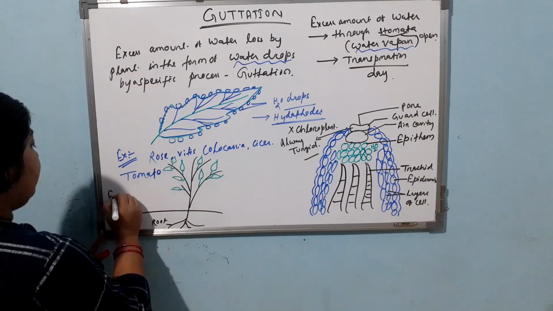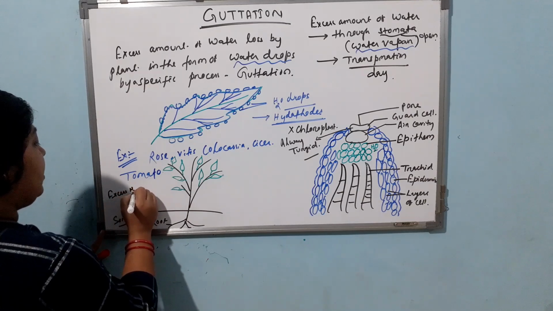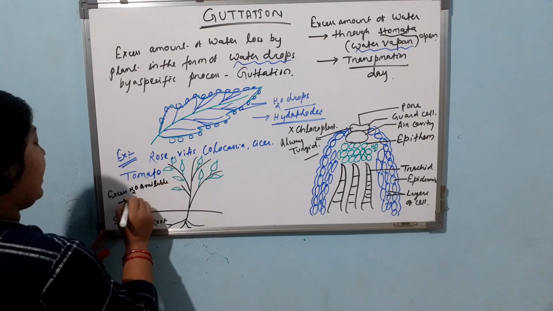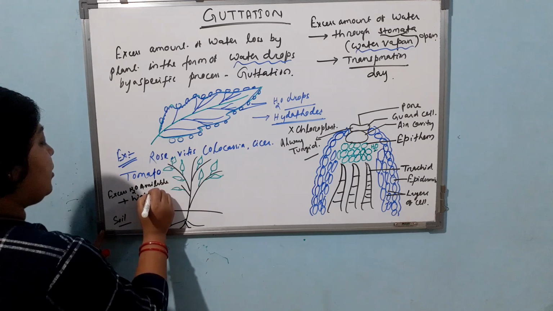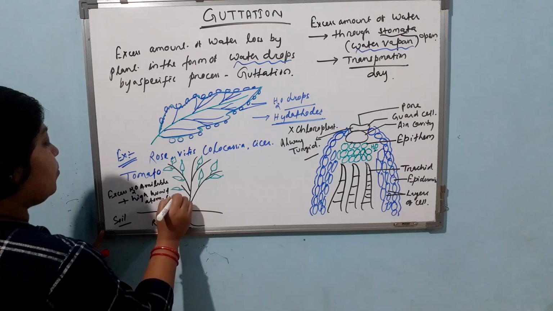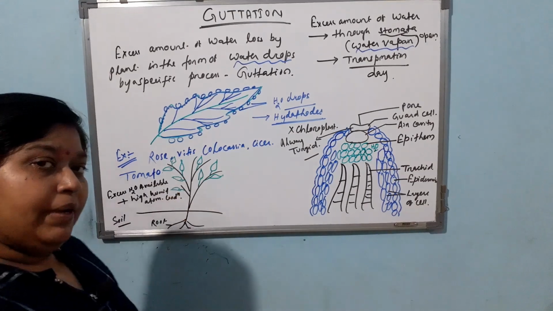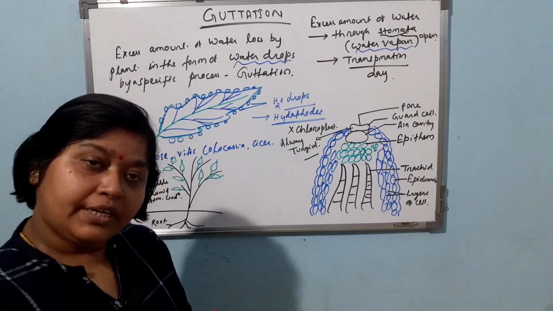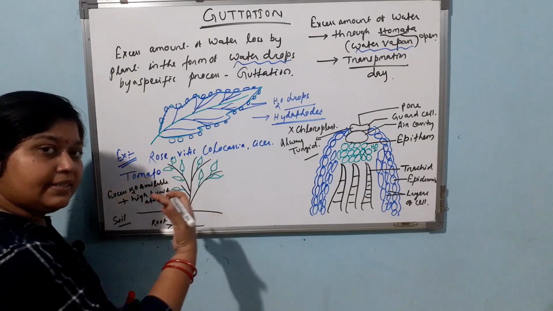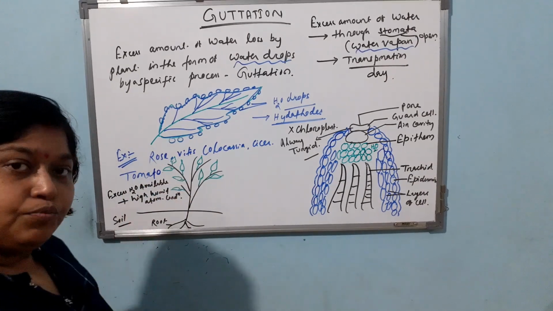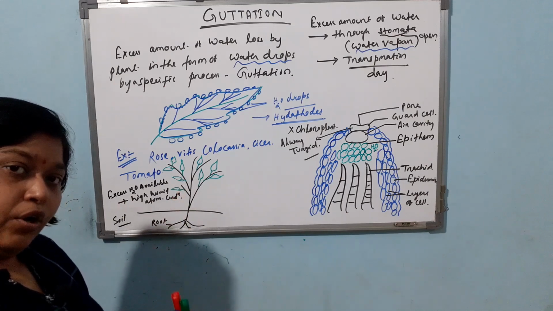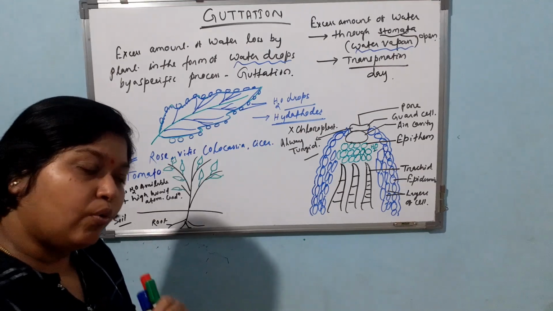When excess water is available in the soil and there is high humid atmospheric condition, what will happen? There will be a difference in the concentration gradient of water between the soil and the plant cell. Soil will have a higher water concentration compared to the plant cell.